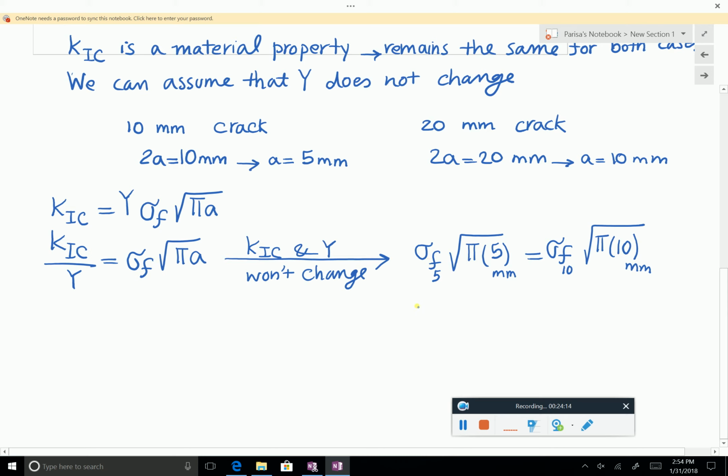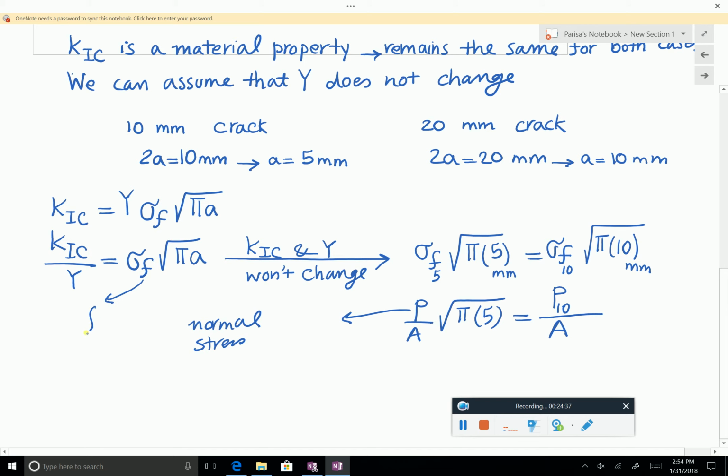So here it would be, this is normal stress, and this F is for failure, so it's normal stress at failure, so I can write it as force at failure, which is given as P over A.